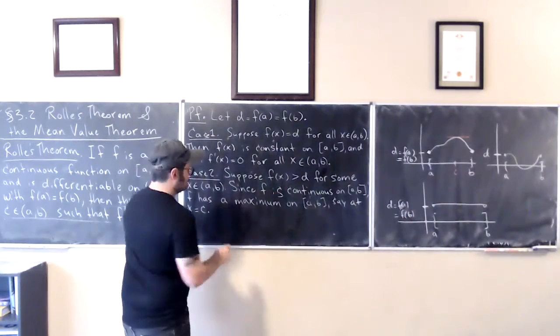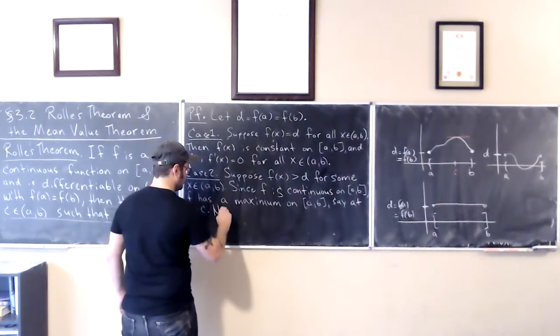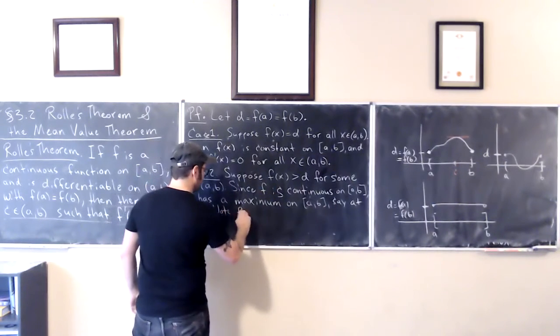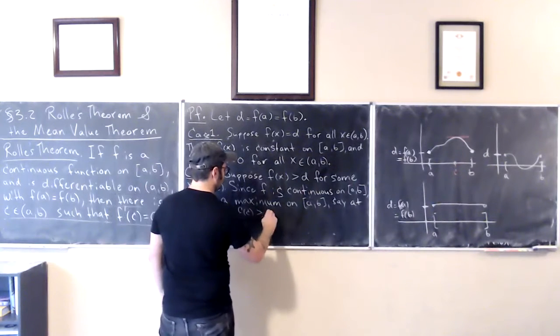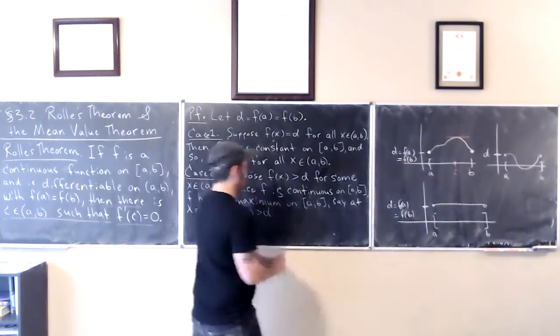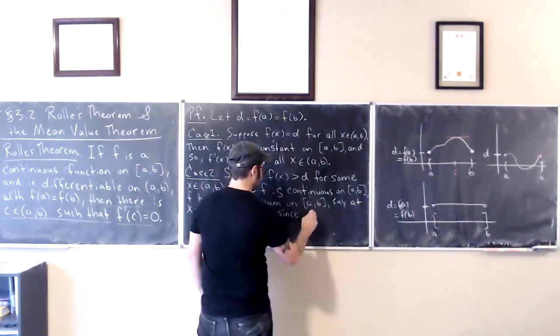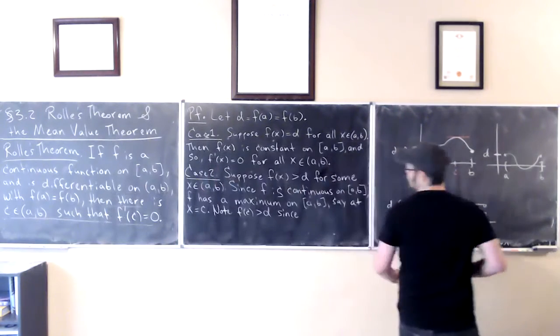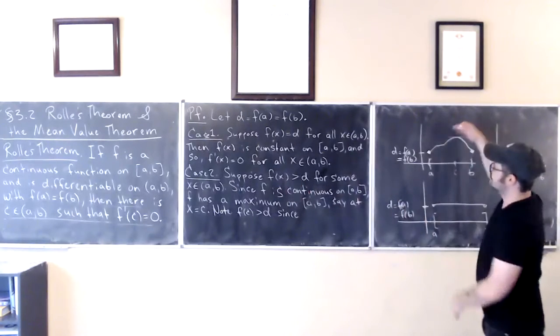Now, further note that f of c is greater than d, since, well, we know that for some value of x in that interval, it's bigger than d.